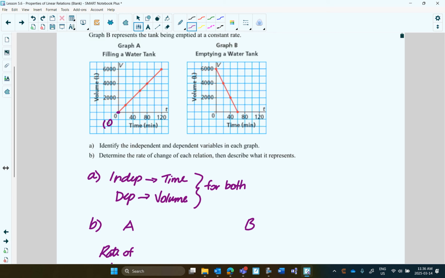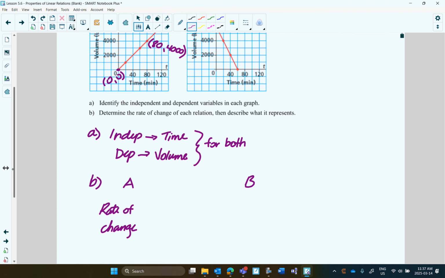So I definitely would like to use this one, and then pick one of the other points. It doesn't matter which one. I'm going to go up to this one because it's pretty easy to read, since it says 4,000. So remember, second y minus first y over second x minus first x. I'm going to call these the second ones. So 4,000 minus the first y, 0, divided by 80 minus the first x, 0.